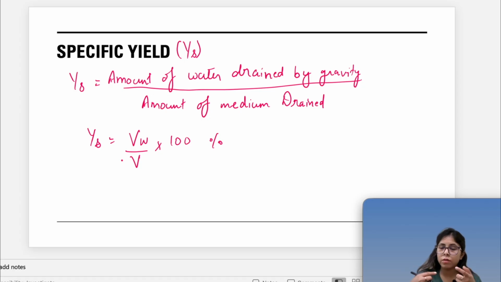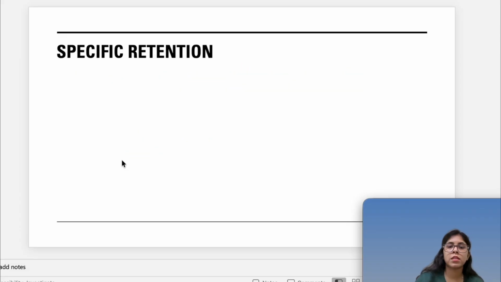Now we talk about what was retained even after water came out due to gravity. The retained part is specific retention, and we denote it by Yr.